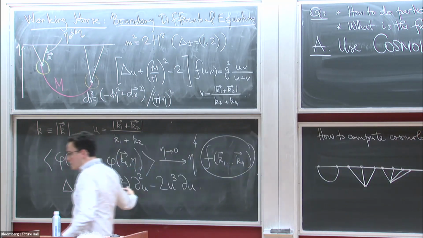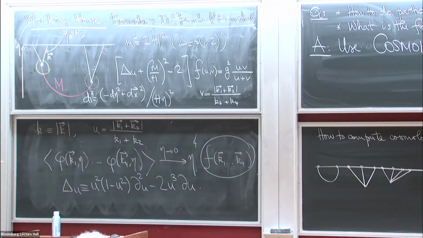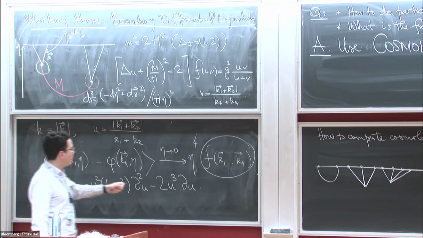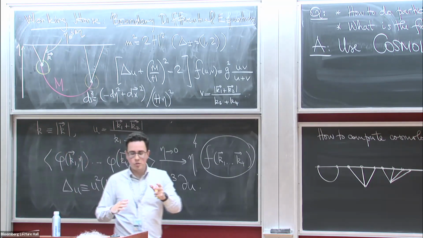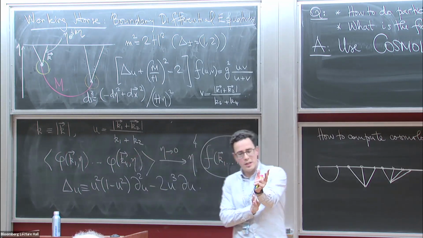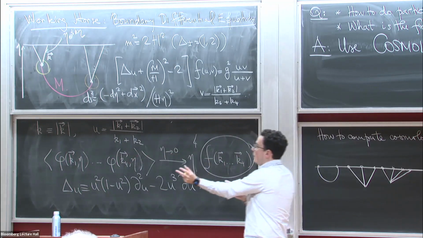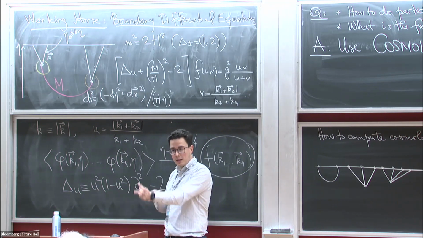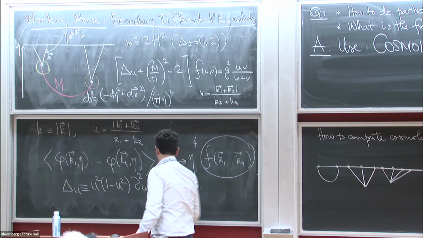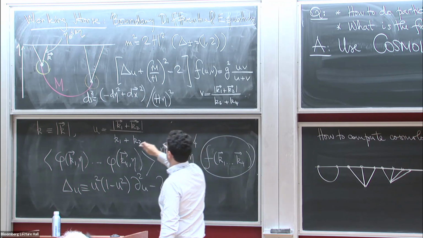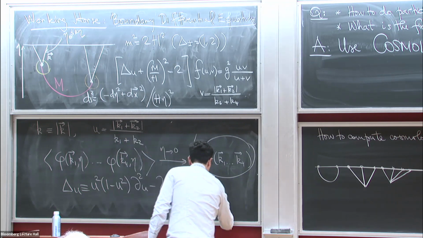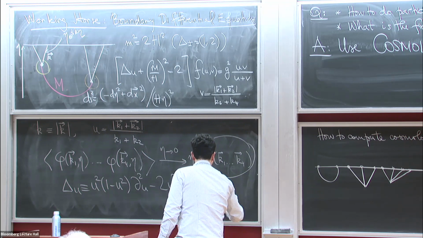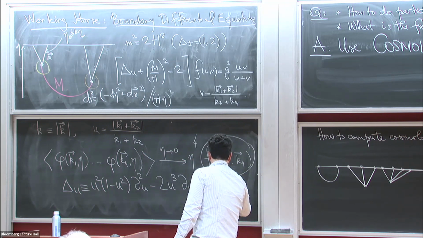If you ask me what the boundary conditions are, because it's a second order differential equation, then one boundary condition tells you that if the momenta become collinear, nothing special should happen, while the differential equation generically predicts that the solution will be singular there. So, for example, U going to 1, if you look at the definition of U, just means that the momenta 1 and 2 become collinear.